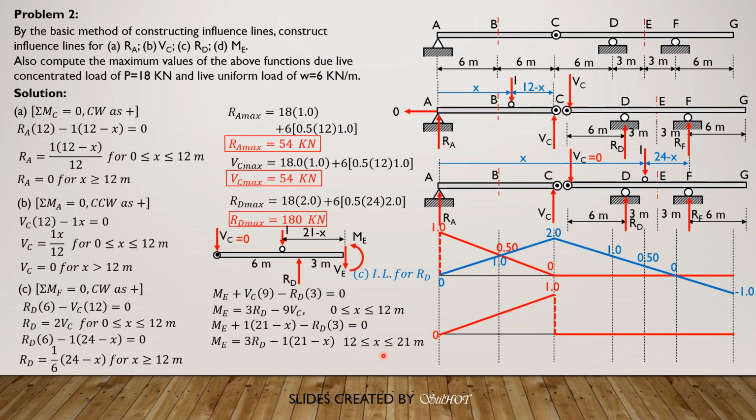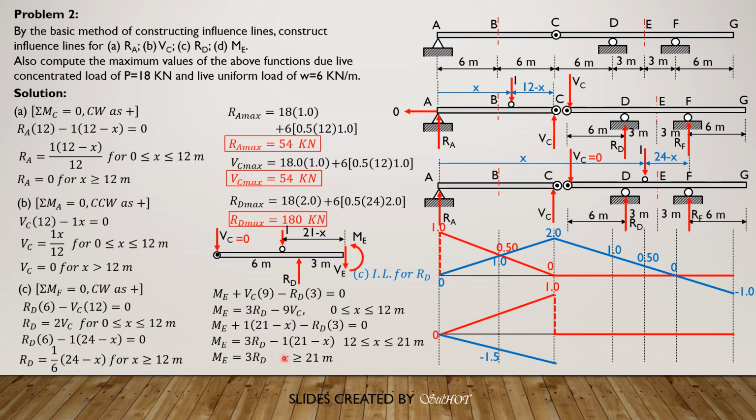This is applicable for 12 less than or equal to x less than or equal to 21 meters. Then finally, when x is greater than 21, the unit load will now be on the other segment. So there is no unit load here. So we remove this contribution of the unit load. Then ME is 3 times RD. That is for x greater than or equal to 21.